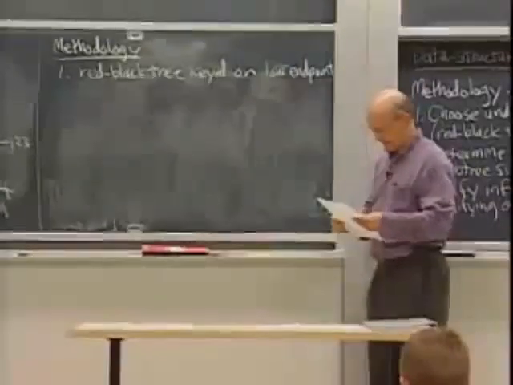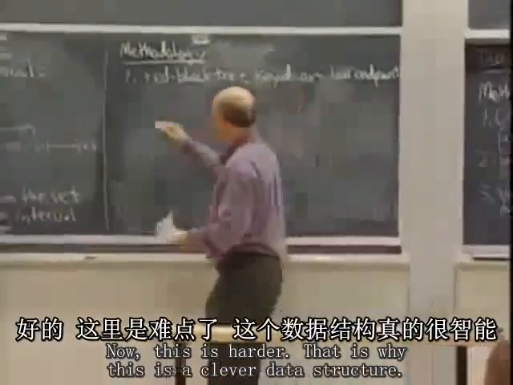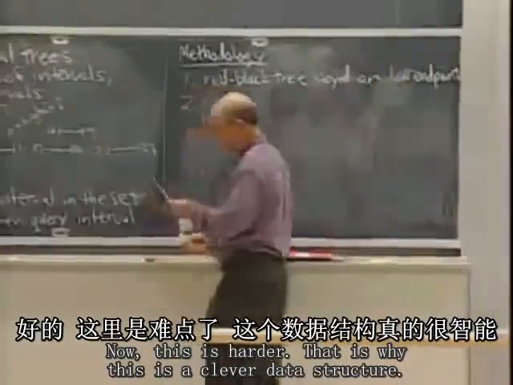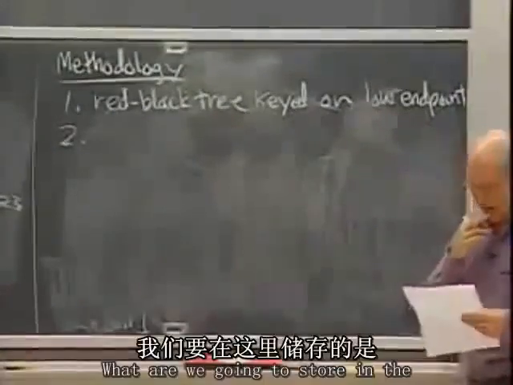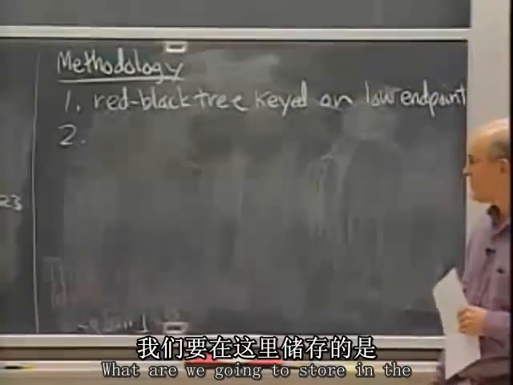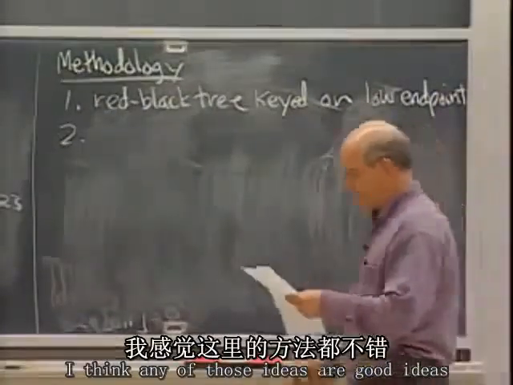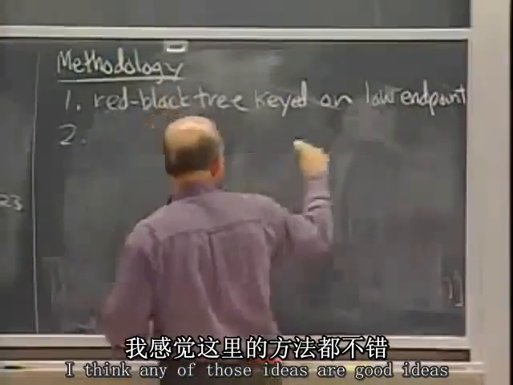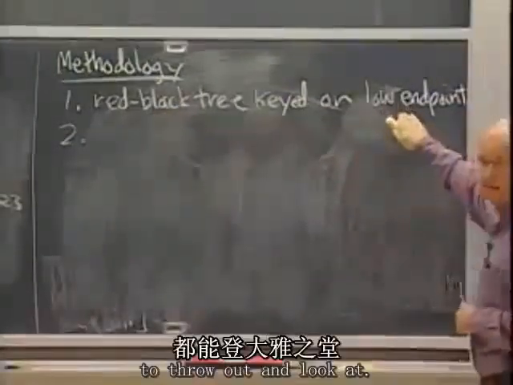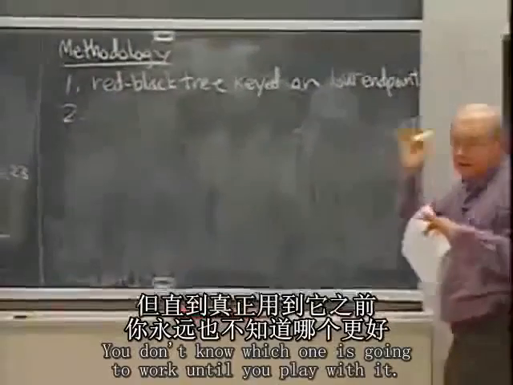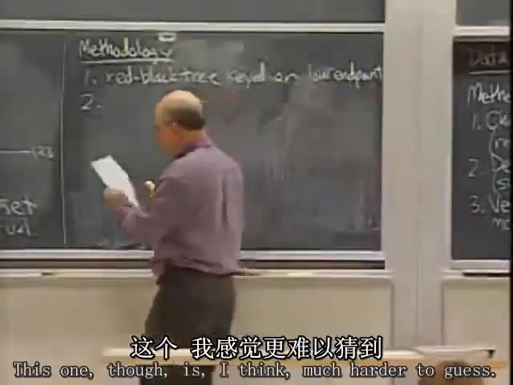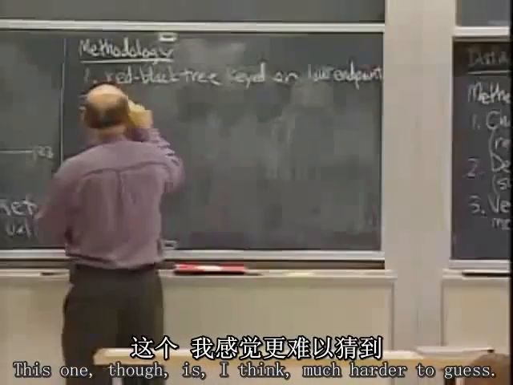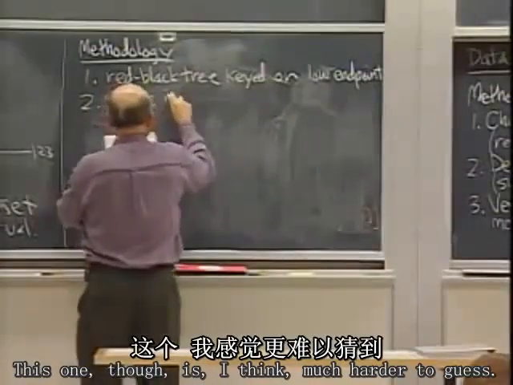Okay, now this is harder. That's why this is a clever data structure. So what are we going to store in the node? Any of those ideas are good ideas to throw out and look at, and then you don't know which one is going to work until you play with it. This one, though, is much harder to guess.